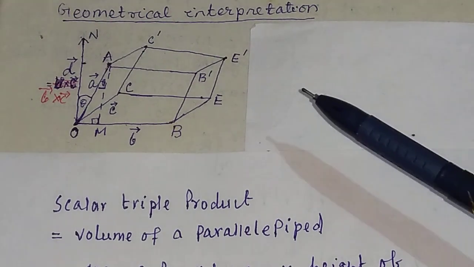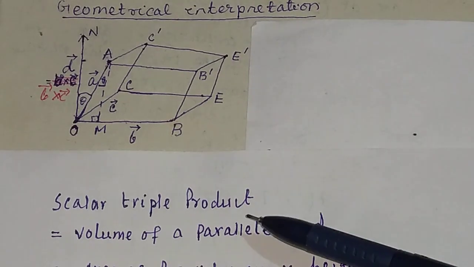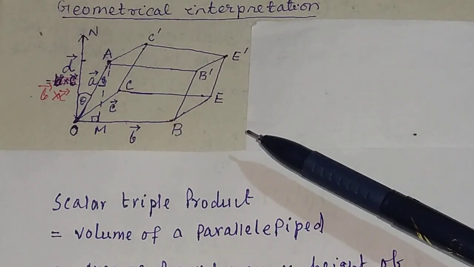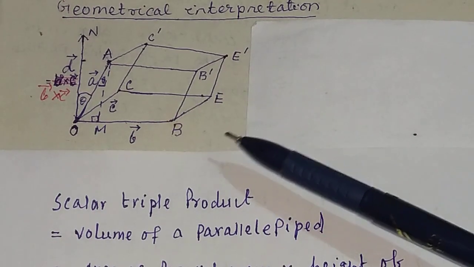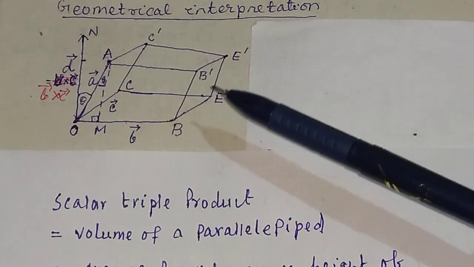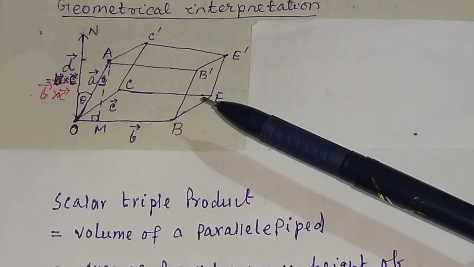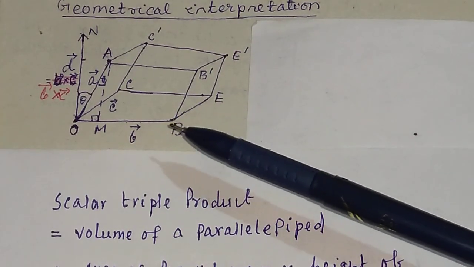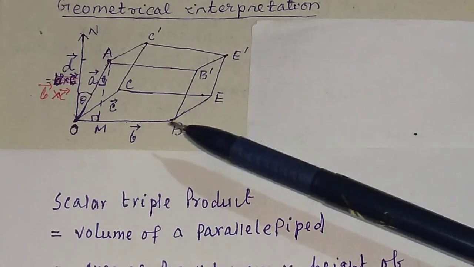Now, what is the geometrical interpretation of scalar triple product? Scalar triple product is nothing but the volume of a parallelepiped. This is a parallelepiped. All the surfaces of this parallelepiped are parallel. You see OCEB, this is a parallelogram.